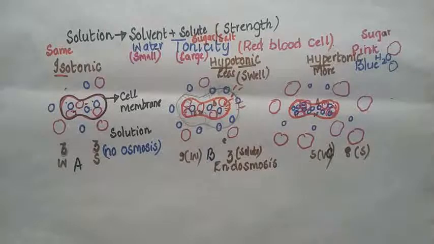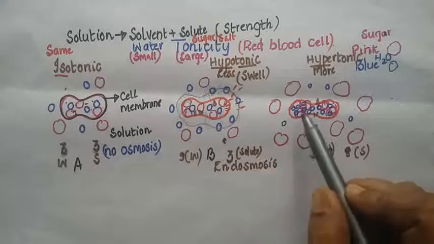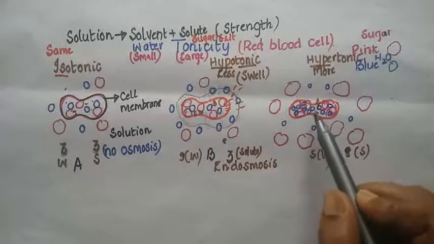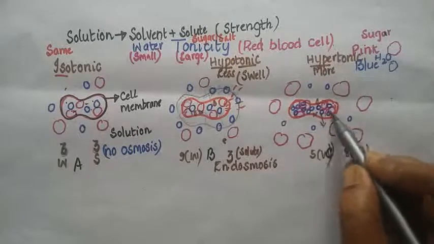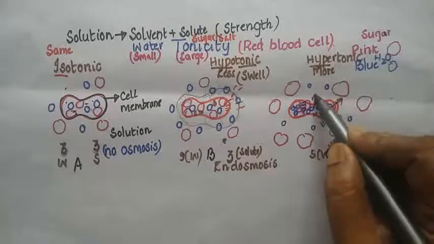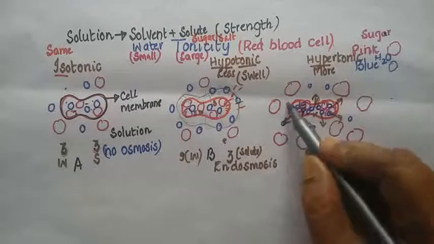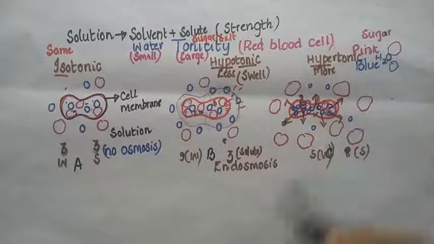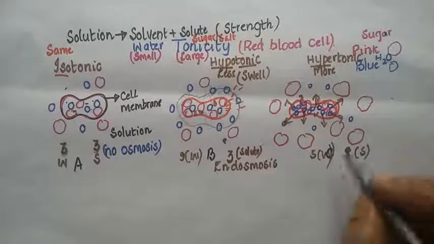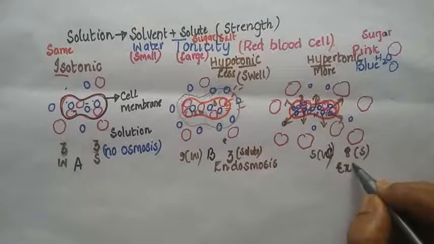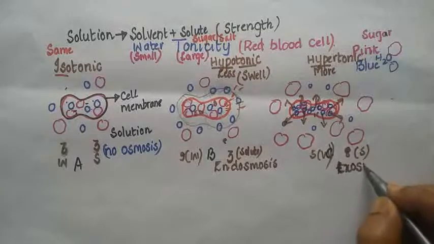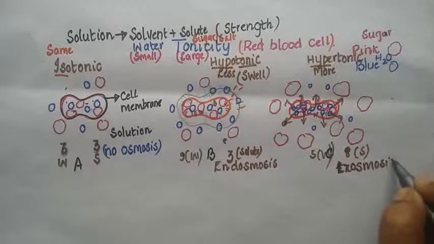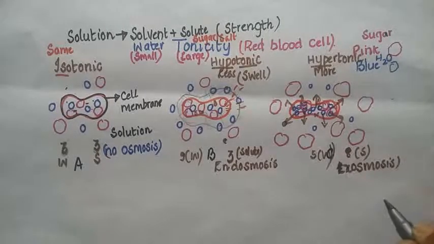Right? In such a condition, since we have more water molecules inside, the water molecules move out of the RBC into the surrounding solution. Since there is an outward diffusion, we name that exosmosis, right? And due to the exosmosis, what happens?